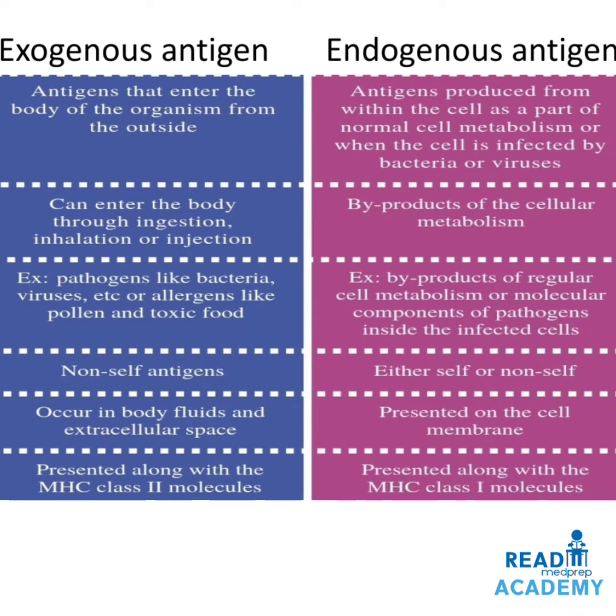Examples of exogenous antigens are pathogens like bacteria, viruses, etc., or allergens like pollen and toxic food. Examples of endogenous antigens are byproducts of regular cell metabolism or molecular components of pathogens inside the infected cells. Exogenous antigens are non-self antigens, whereas endogenous antigens are either self or non-self. Exogenous antigens occur in the body fluids and the extracellular space, whereas the endogenous antigens are presented on the cell membrane.